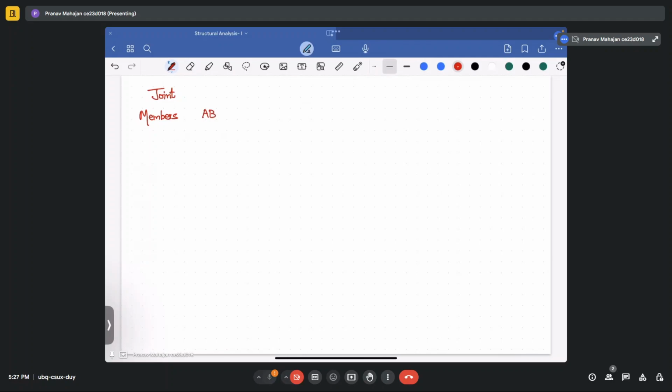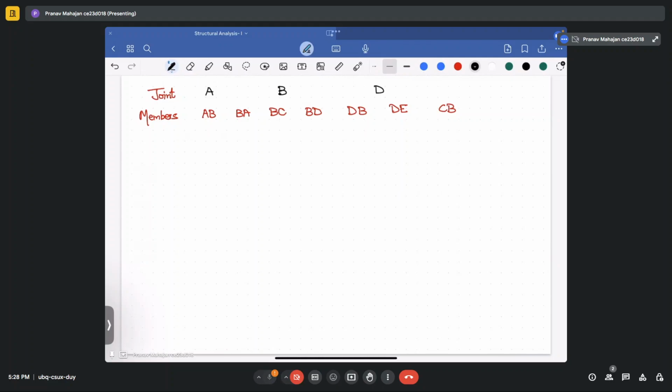So we have member AB, BA, then BC, then BD, then at B we have BC, BD, and then we have DB. Okay, then we have DE, then we have additional, that is CB. So we will mark them as this is our joint A, these three are at joint B, and these are at joint D.